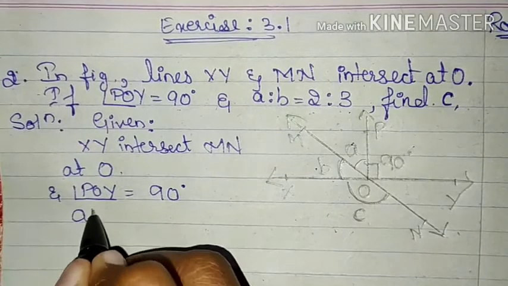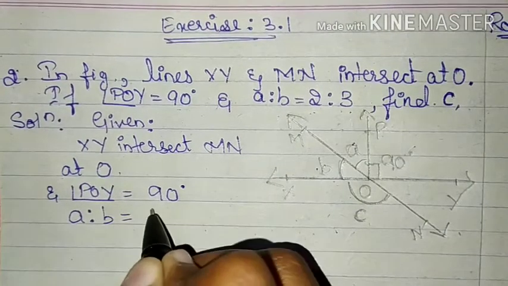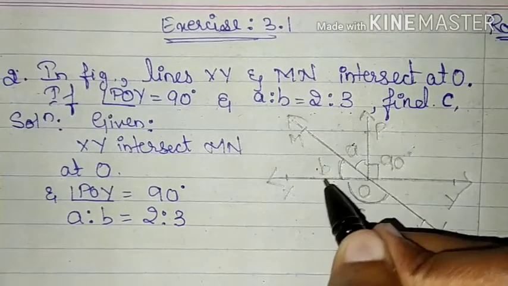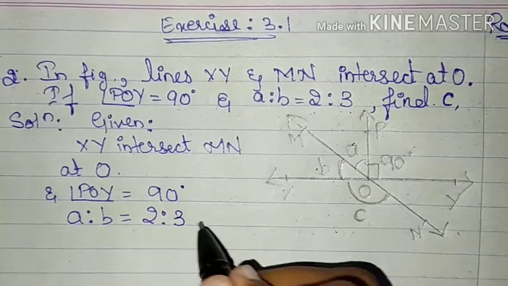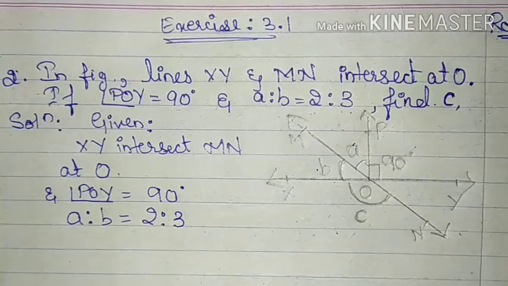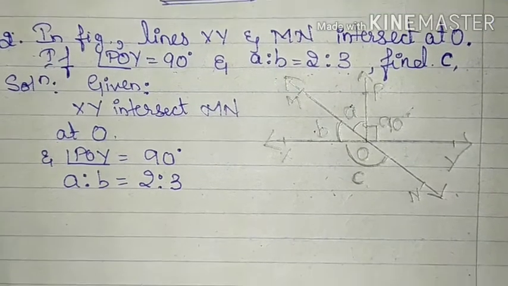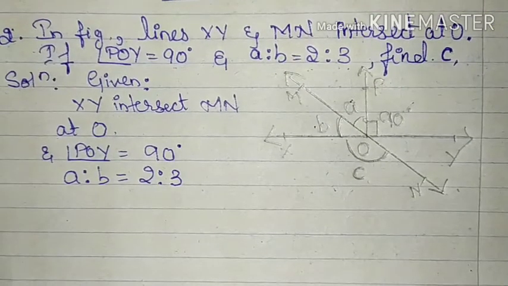Moreover, A is to B is equal to 2:3, that is the ratio between the angles A and B is 2:3. This is similar to the problem which we solved in the solved examples. So now the solution, we have to find angle C.